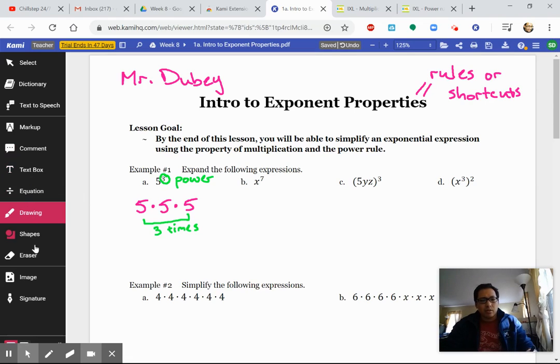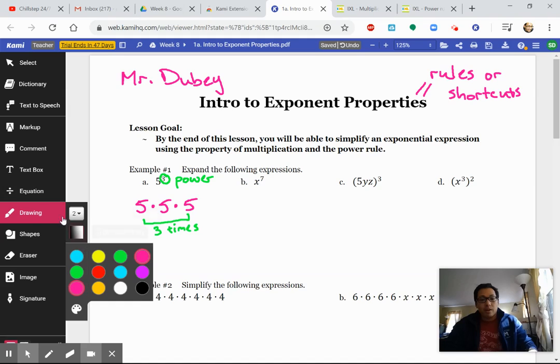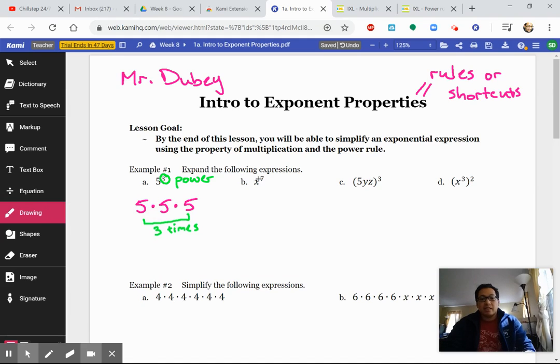Okay, so fair enough. What about x to the power of 7? How would we expand that out? Well, we could write it as x. That's our base. Remember, 5 here is the base, so that's what we were multiplying repeatedly.